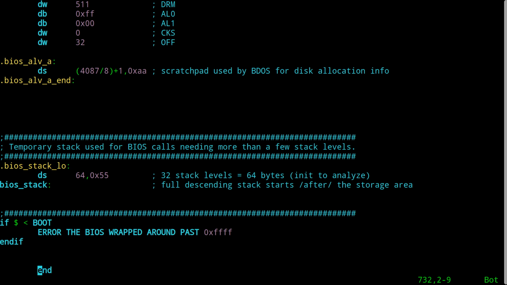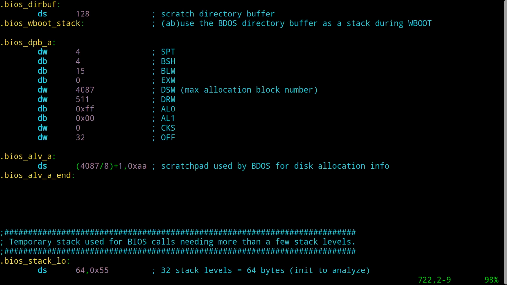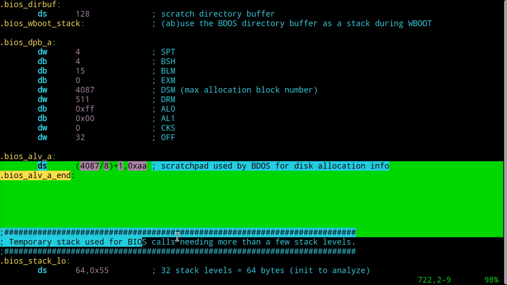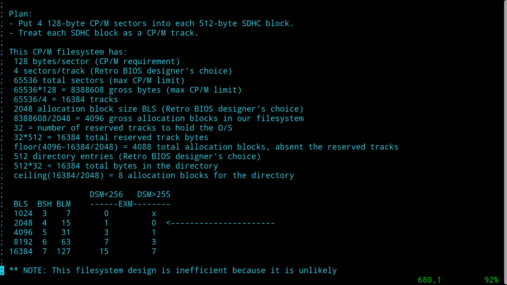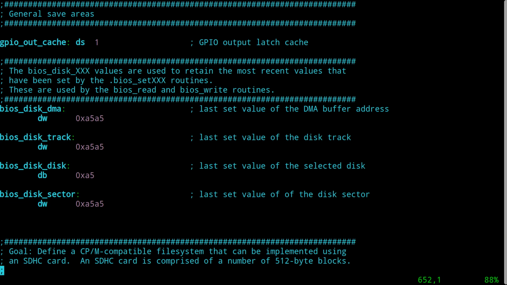If we go to the bottom of this file, the SD card buffer used to be in this hole here. Obviously, we don't need it unless we're using that one version of the read and write routine. So that got factored out into the read and write file for the one block buffer code.